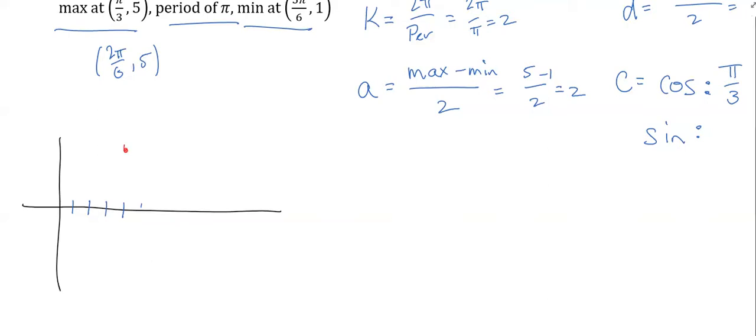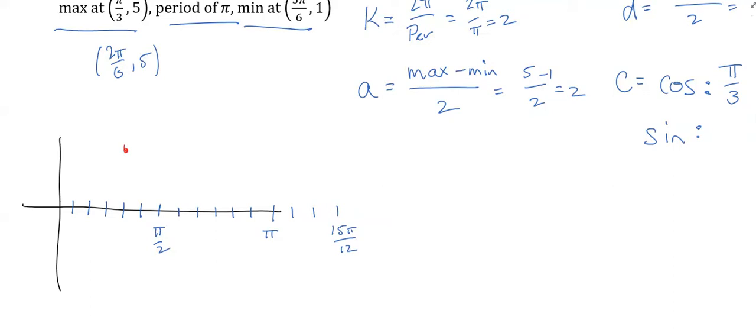That was 4. 5 pi by 12, 6 pi by 12, which is pi by 2, 7 pi by 12, 8 pi by 12, 9 pi by 12, 10, 11, 12 pi by 12, 13, 14, 15 pi by 12. I'm just going to label it that way for now. I don't know how far we have to go, but that's lots, I think.